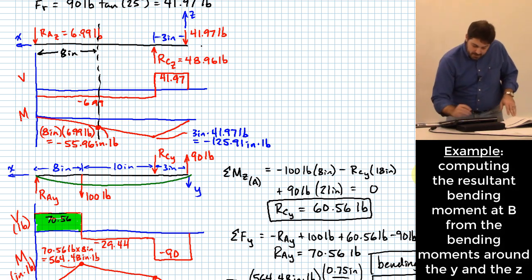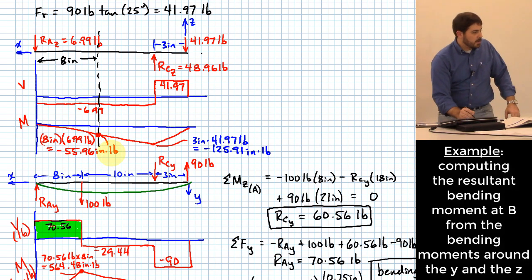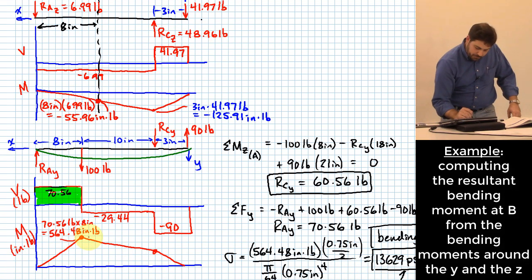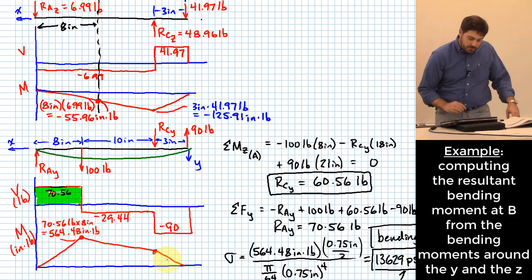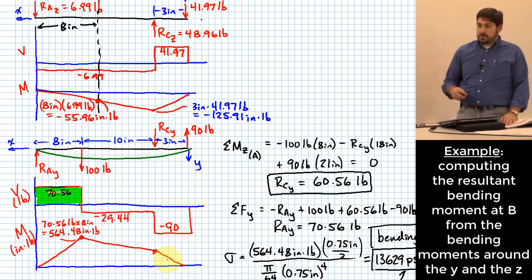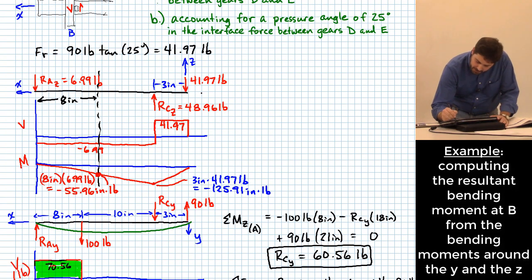Keep in mind, this bending moment that I just found is 55.96 inch-pounds, and that is around the y-axis. The y-axis is sticking out at us. The one I had before, this 564.48 inch-pounds, was around the z-axis. So it should be legitimate to combine those by taking the square root of the sum of the squares.